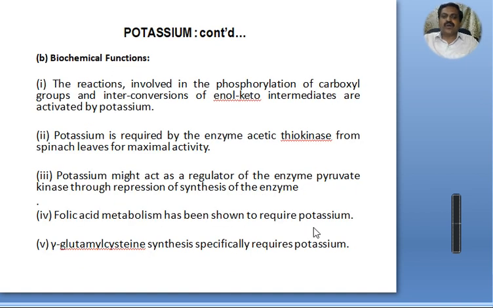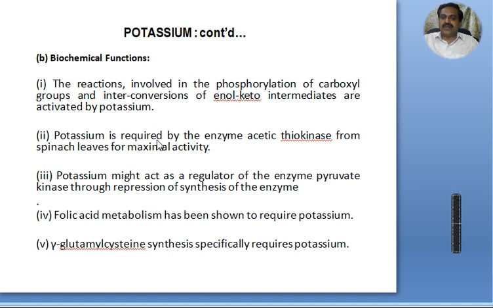With regard to the biochemical functions, the reactions involved in the phosphorylation of carboxyl groups and interconversion of enol keto intermediates are activated by the potassium salt.